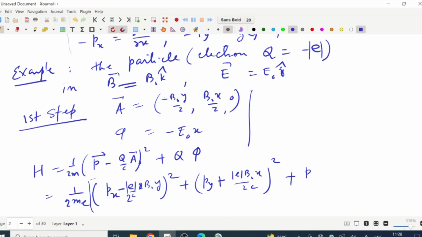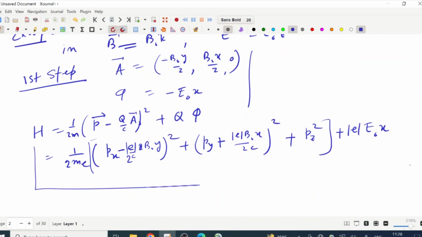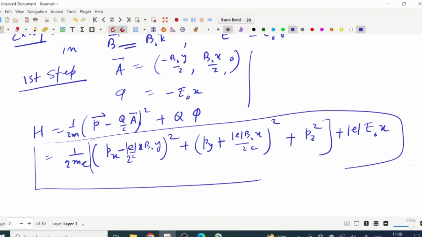So, it will be simply p z square, no changes, plus q phi. Phi has a negative sign, q has a negative sign, so we have plus mod e E0 x. This is the Hamiltonian for an electron in the magnetic field in the k direction and electric field in the x direction.